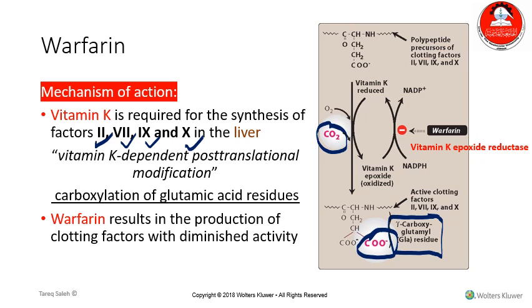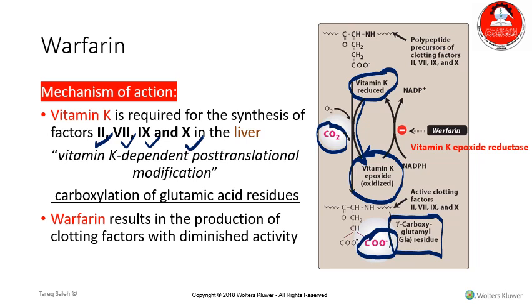Okay, now in order to successfully achieve this reaction, vitamin K is required. Vitamin K acts as a cofactor in this reaction, and it allows for the addition of this carboxyl group to the newly synthesized coagulation factors. In this reaction, vitamin K is converted from the reduced form into the oxidized form, or vitamin K epoxide.